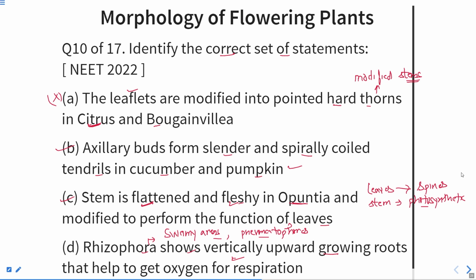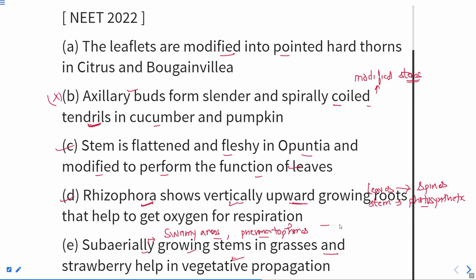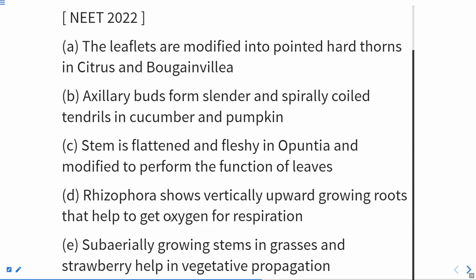Now coming to the last option: subaerially growing stems in grasses and strawberry help in vegetative reproduction. So this is also true. Vegetative propagation is a kind of asexual reproduction where plant parts such as leaves can give rise to an entire plant.